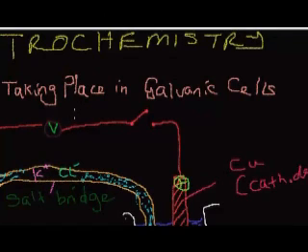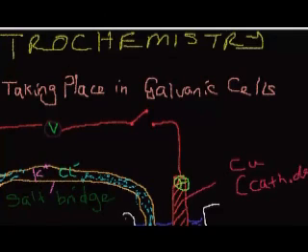These galvanic cells can also be called a Daniell cell, after a chemist and metallurgist called John Frederick Daniell, who discovered this particular cell in 1836. The diagram which you see is a diagram of the galvanic cell.